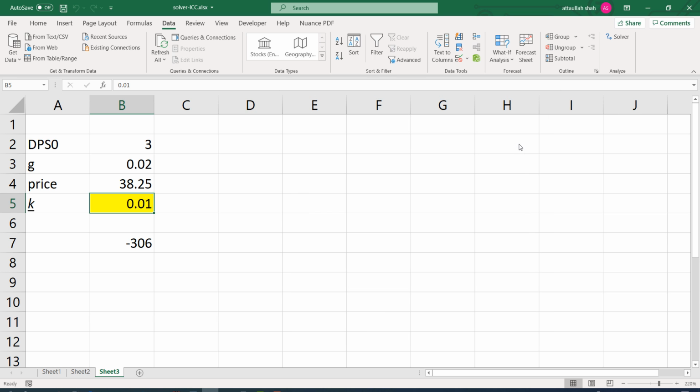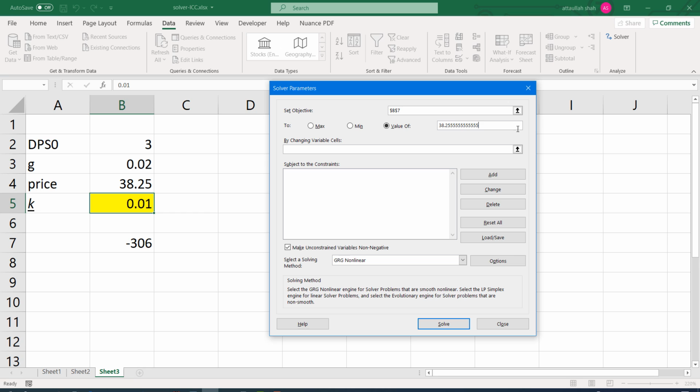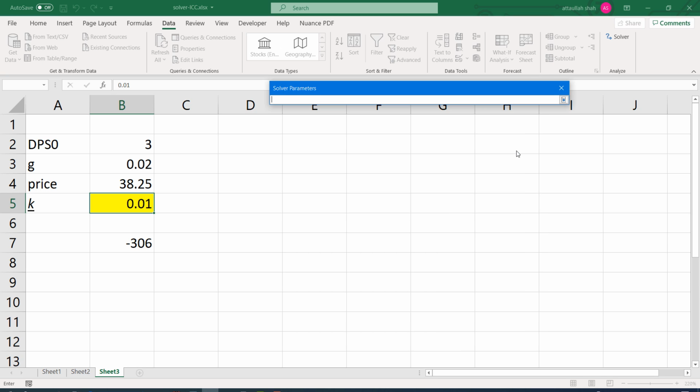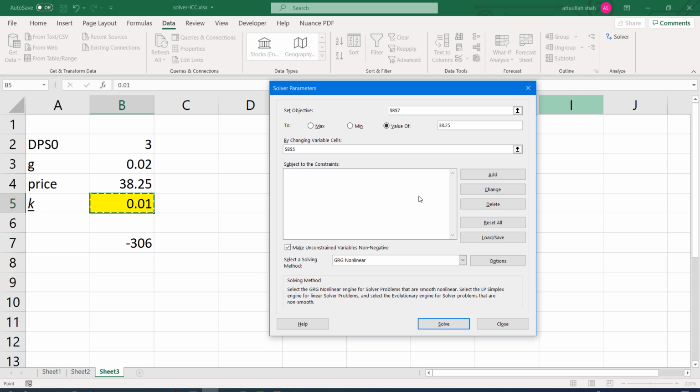And what cell will Excel keep on changing to reach this value? We say it should change the cost of capital, K. And at the moment we don't have any constraint, so we will just solve it.